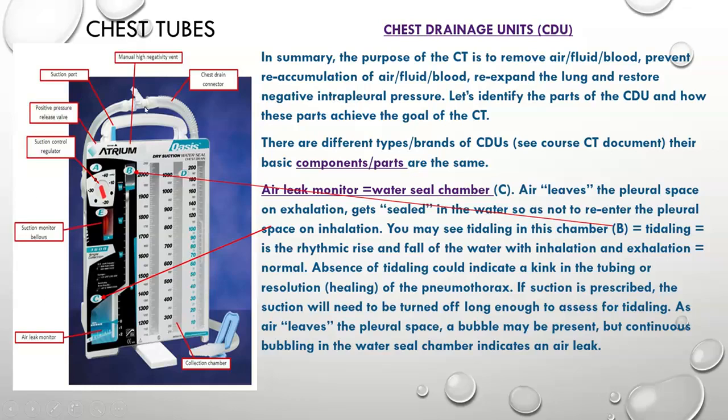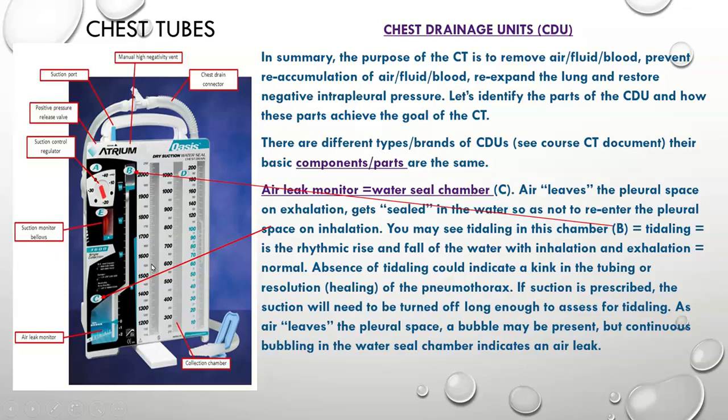As I talk about the chest drainage unit and its various parts, hopefully this will make sense to you why it has the parts and pieces that it does, and what you, the nurse, need to do about these specific items. So again, we're going to link the A&P, the patho, with the actual chest drainage unit.